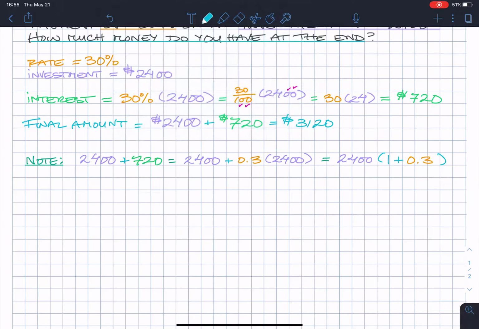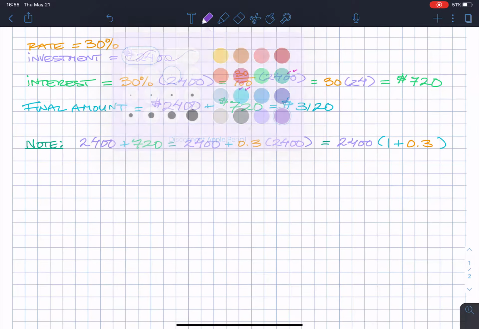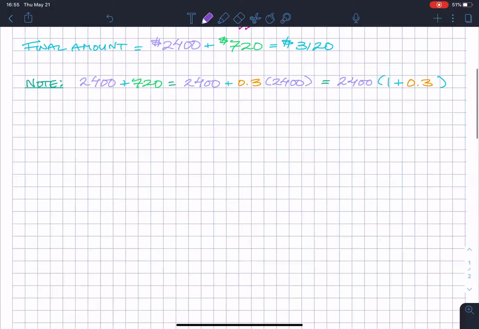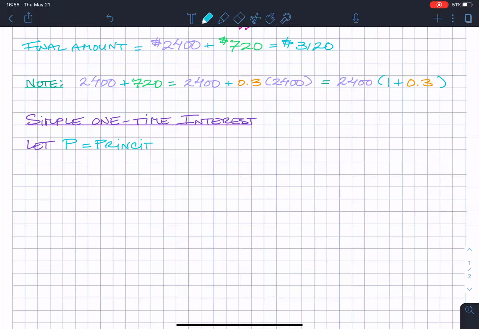And so this will lead us to the formula for simple interest, or simple one-time interest. Let's have P be equal to the principal amount, the investment.